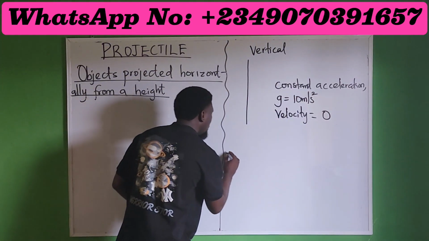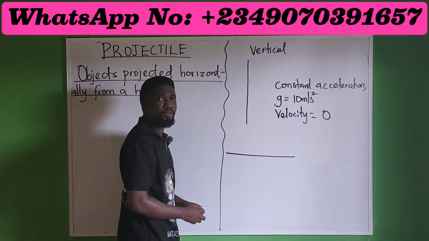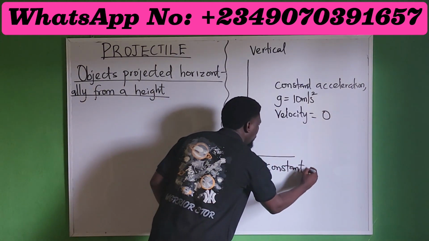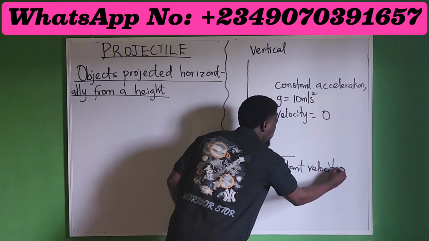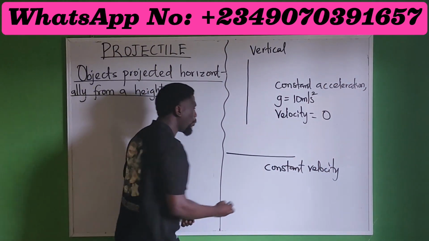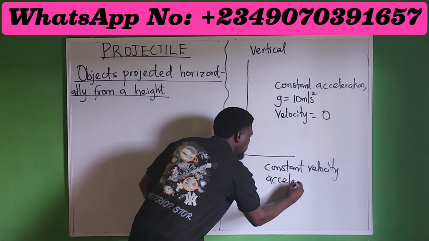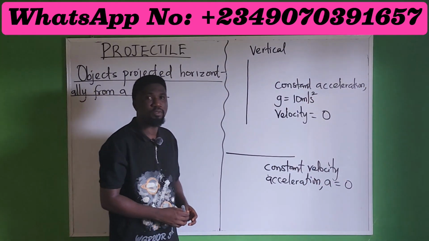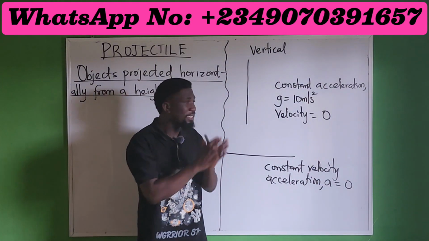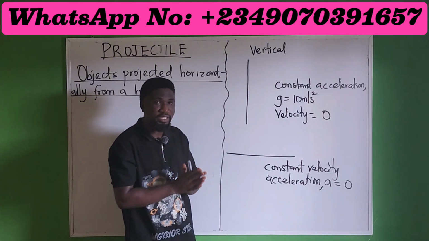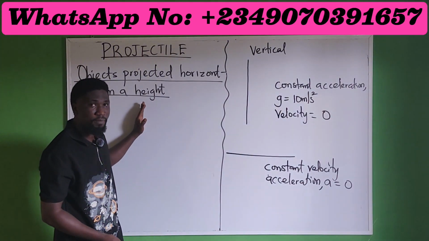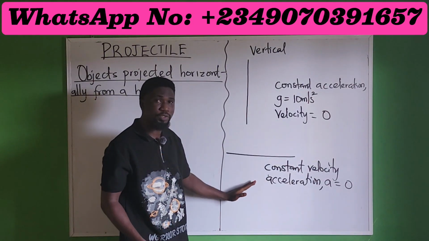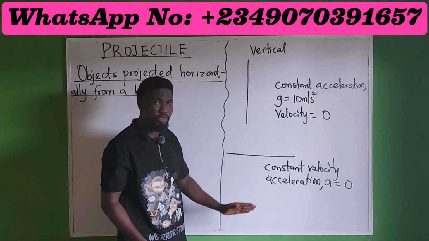But for the horizontal motion, it's going to have what we call constant velocity, where acceleration is 0. Please take note of this. It's very important in understanding this aspect. This is for the vertical motion of a projectile. Here's the horizontal motion of a projectile.